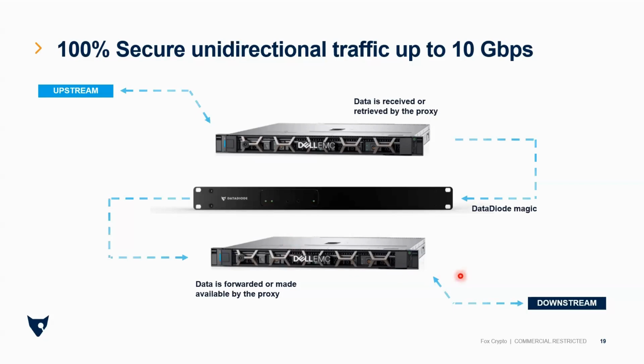A proxy is connected to the downstream network, TCP/IP connection, nothing to change in the red network. And between the proxies and the data diode is what we call the data diode magic. That's making sure that TCP and FTP and those kinds of protocols can be sent over the diode, even though it's two-way communication that's required by those protocols.